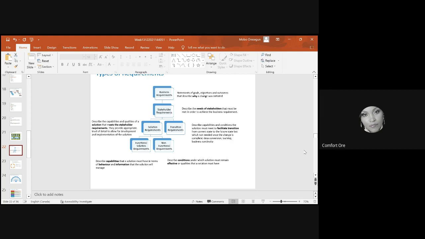If I go to my light switch and I flick it, the lights should come on. So it would describe the conditions under which the solution must remain effective. So the conditions have to be met before you can say, okay, this functional requirement is being performed.